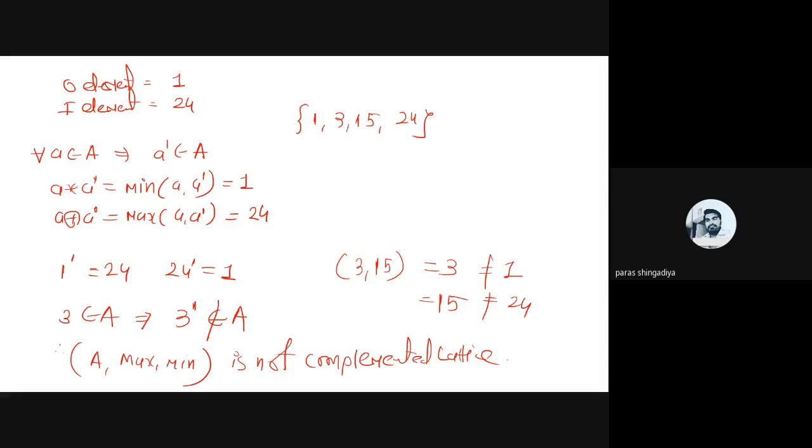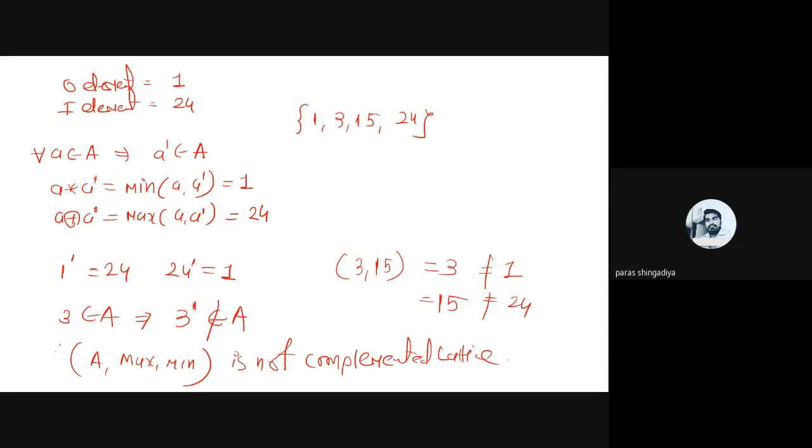Clear? It is not a complemented lattice. And if it is not complemented, there is no need to verify whether it is a distributive lattice or not. Okay? There is no need to verify whether it is a distributive lattice or not.